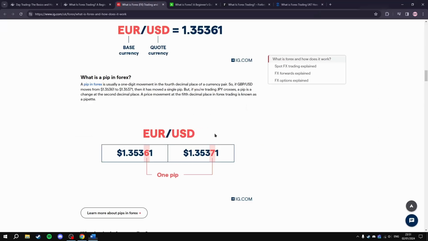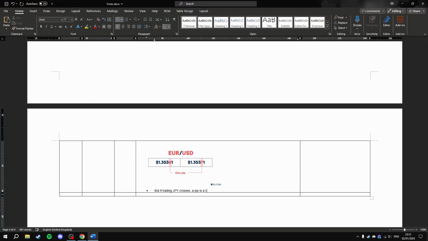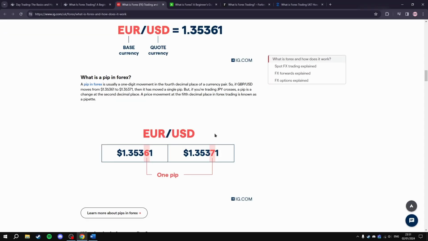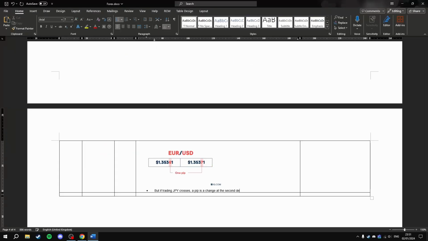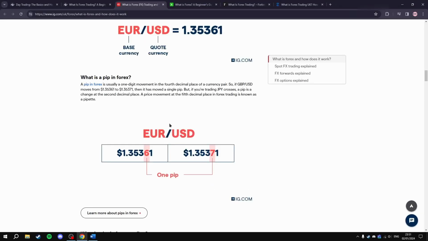A pip is a change at the second decimal place, so it'd be 1.35 to 1.36, and that would be a change of one pip.